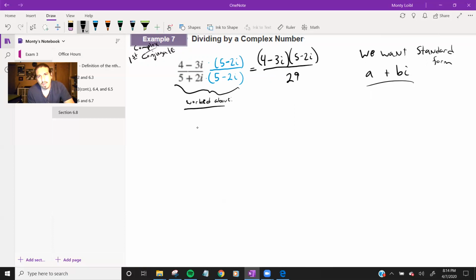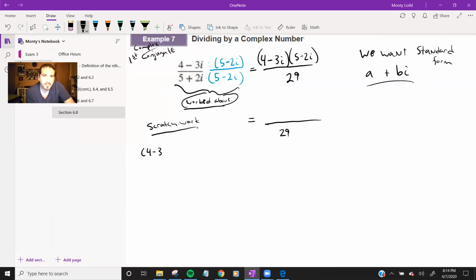Now, here we have to multiply this out. So I'm going to go ahead and draw this down here. We'll do 29. Now, let's do some scratch work, so we're not distributing all of that in fractional form.